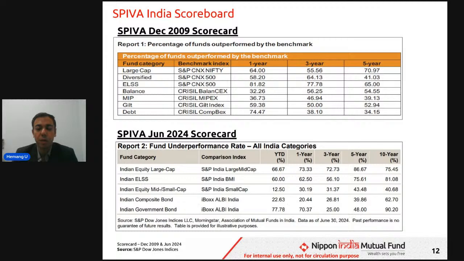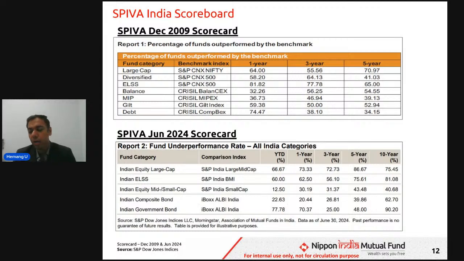So when I'm talking about ratings, what I'm trying to say is, say for example, you take a 5-star rated fund today, correct? The next year the performance may or may not be at a 5-star level. It might not be the top performing large cap. In the third or second year it might go somewhere else, some other fund might have taken over that spot, and this keeps on happening, correct?